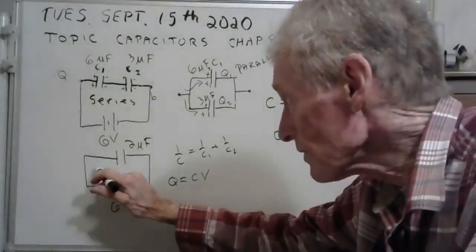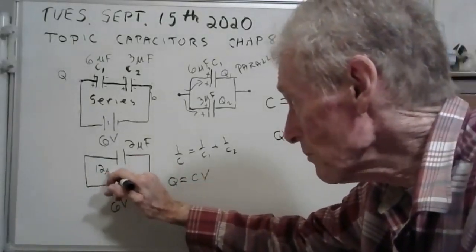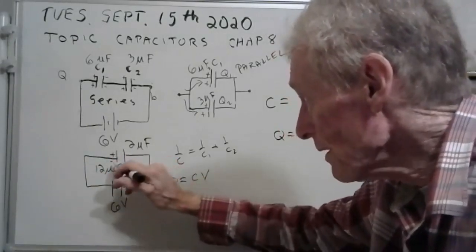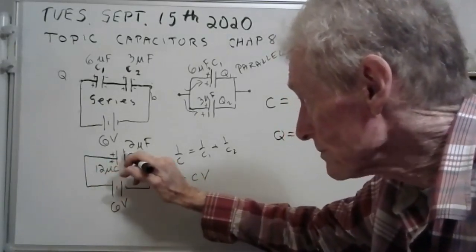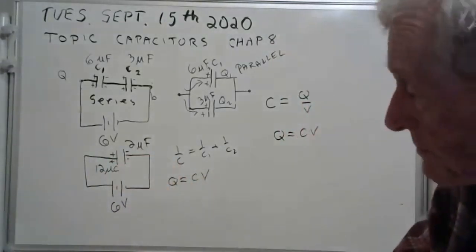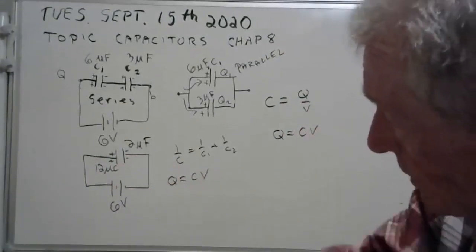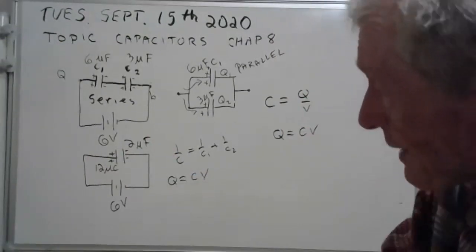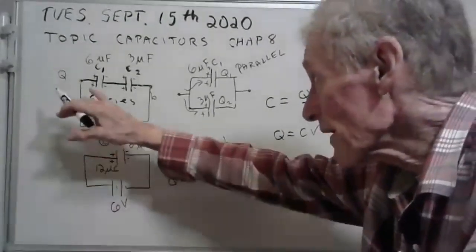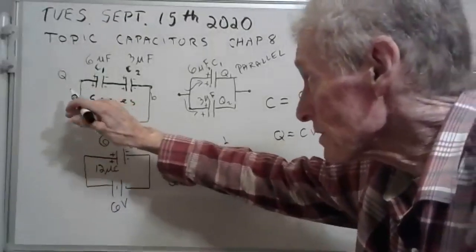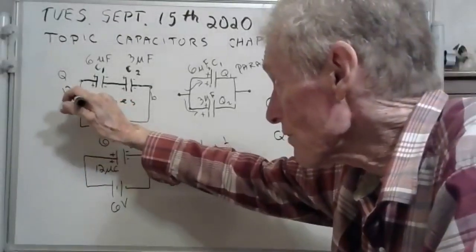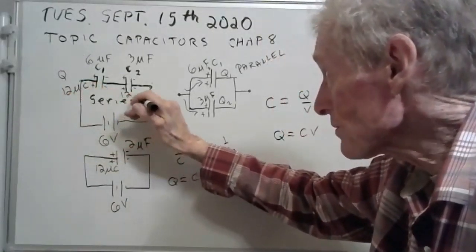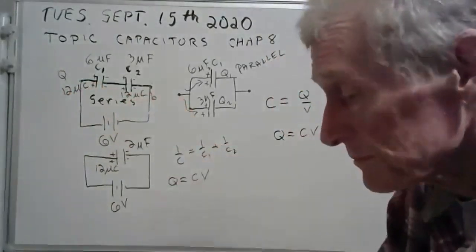You've got 12 microcoulombs on this capacitor, don't you? And you have 6 volts. Well, that means you've got 12 microcoulombs on each of these. Let me write that. You have 12 microcoulombs on this one and 12 microcoulombs on that one.